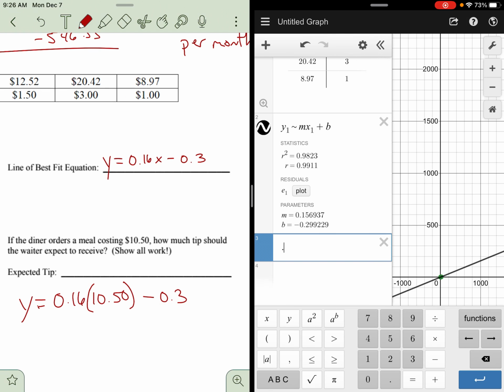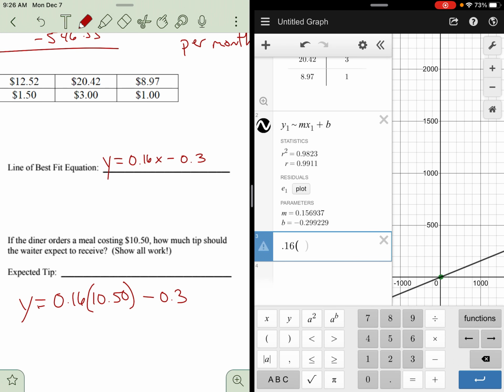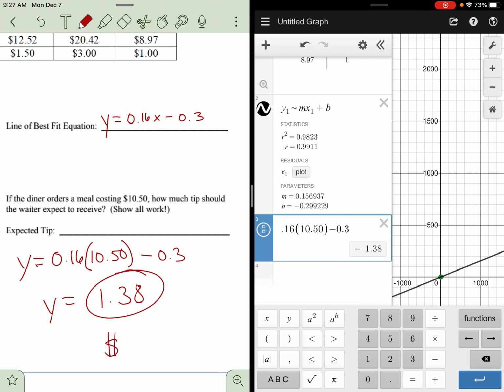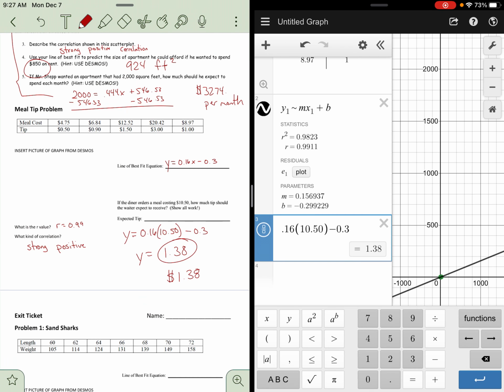That's really all you have to do to show your work. Then just plug it into Desmos. They should expect to receive $1.38. It's not very much. I feel like the going rate should be 20%, but some people are just kind of cheap. All right, so that's how you do it.